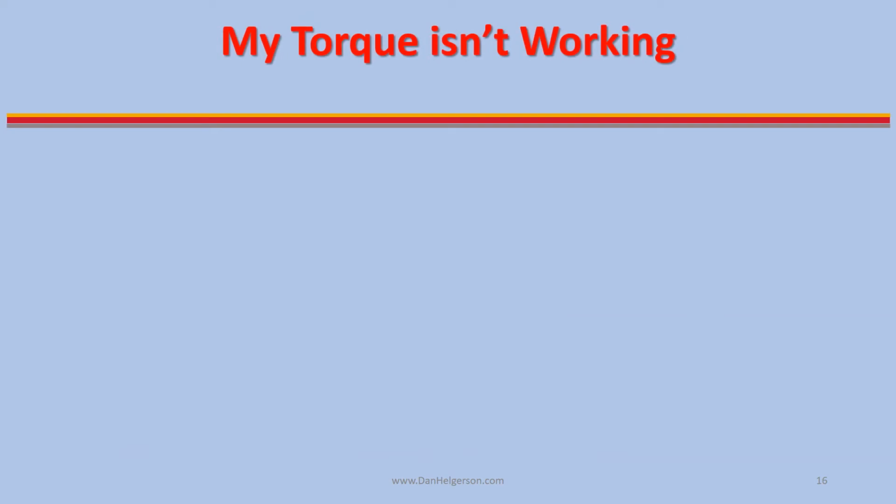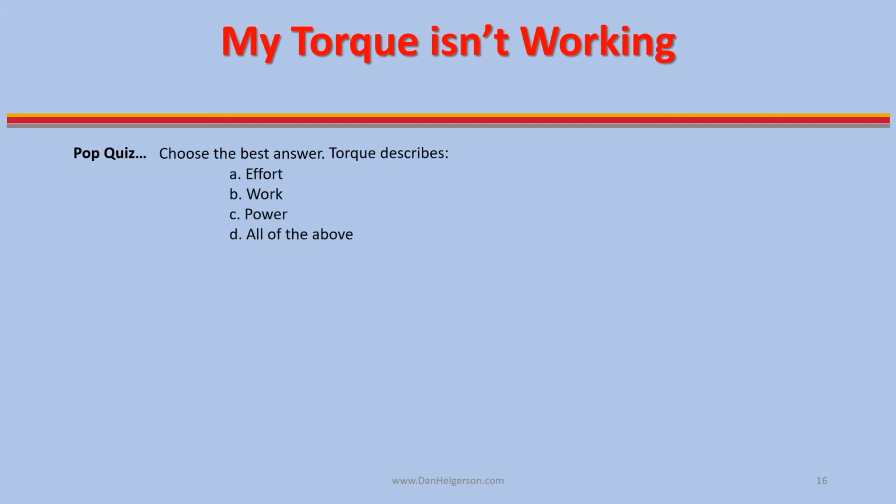Here's a pop quiz. Choose the best answer. Torque describes A, effort, B, work, C, power, D, all of the above. Well, the fact is torque does not require any movement, but work requires movement.